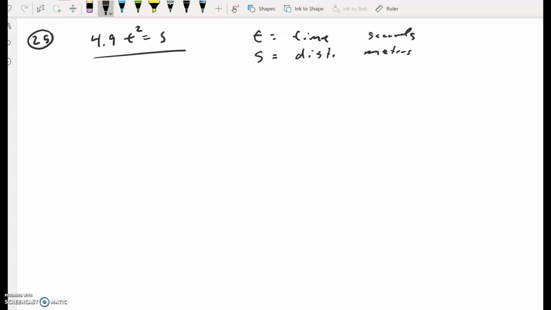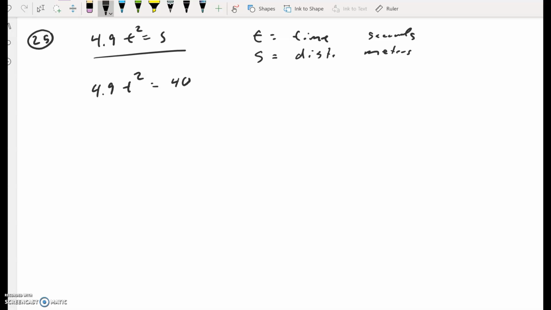And so the guy has to fall 40 meters before the cord starts to stretch, so we're given that the distance is 40 meters and we're asked to find the time. So we have 4.9 t squared equals the distance traveled, which is 40 meters.